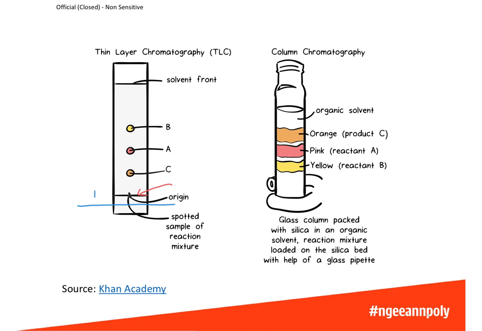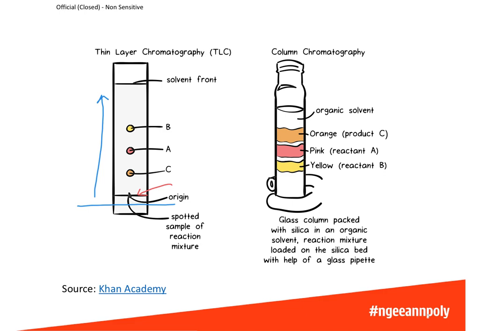The mobile phase will travel up the stationary phase through capillary action. As the mobile phase moves up the stationary phase, it also pulls the compounds in that sample along with it, but the compounds will travel at different rates. In this example, we can see that there are three different compounds in the mixture, compounds A, B, and C, and they get separated as different spots in thin layer chromatography.